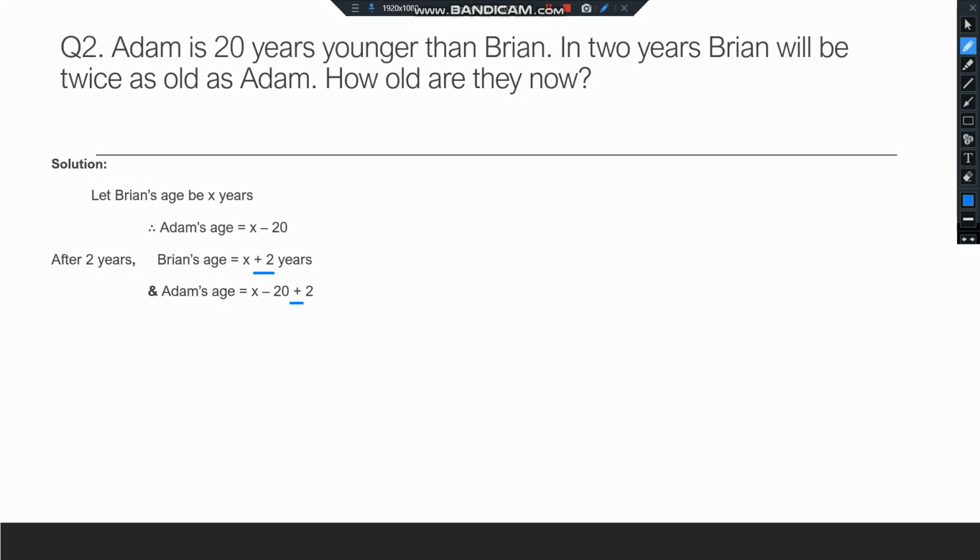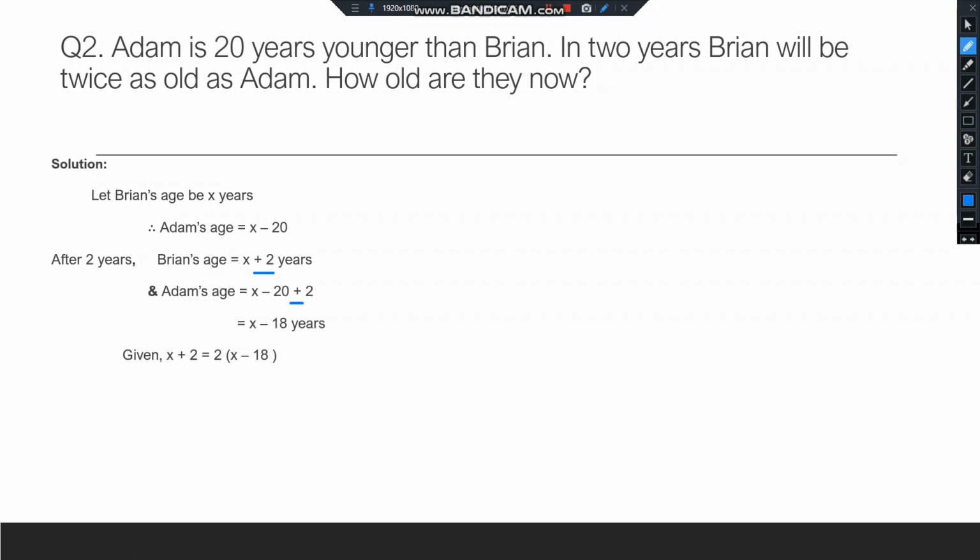Now what is the equation given after this? It says Brian is twice as old as Adam. So since Brian's age is x plus 2, x plus 2 equal to twice x minus 18.